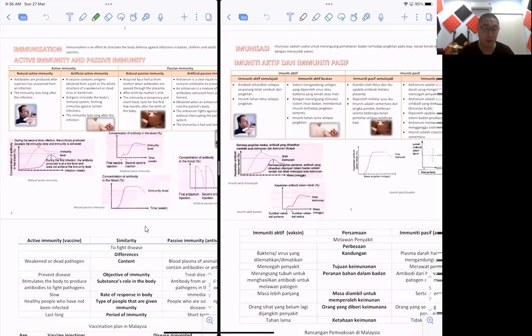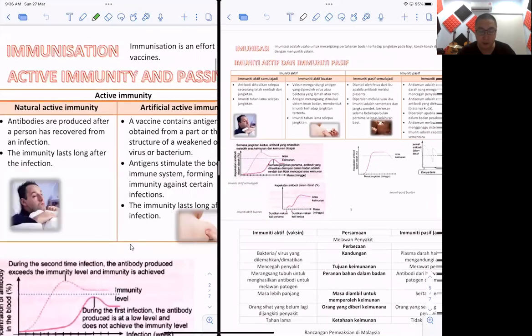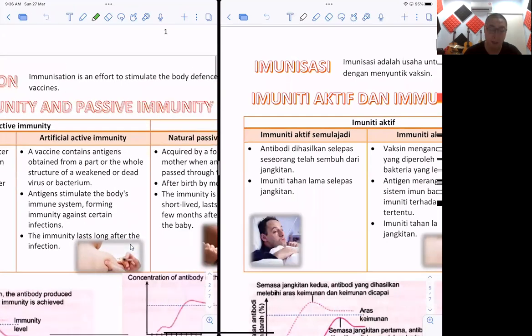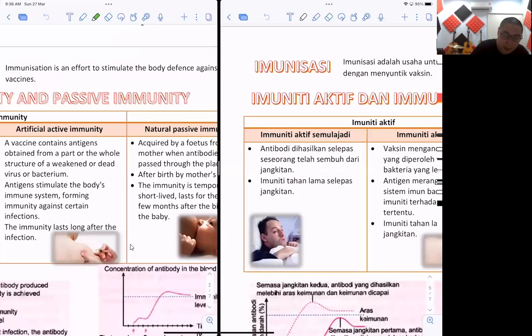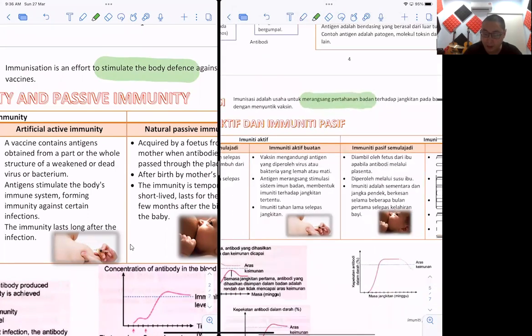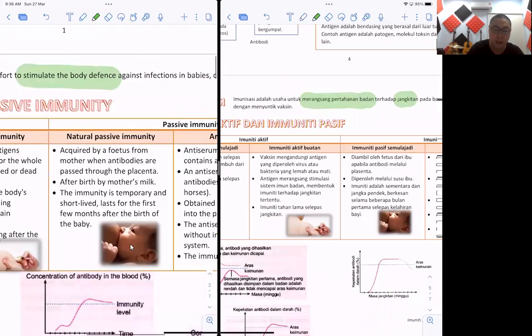So for immunization, in English it's called immunization, in BM it's called immunisasi. All right, so what is immunization actually? Immunization is the ability to stimulate the body defense. In BM, it is to merangsangkan pertahanan badan terhadap jangkitan, or in English, against infections, infectious disease.